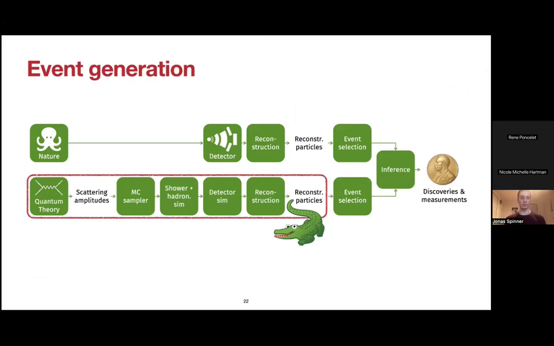And finally, I will talk about the generative model. So here we just specify the process, and then we generate reconstruction level particles, essentially unconditional, and we ignore anything that happens in between in the simulation chain.